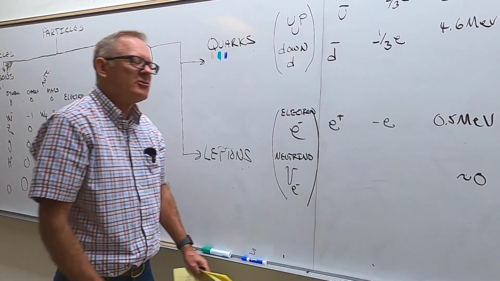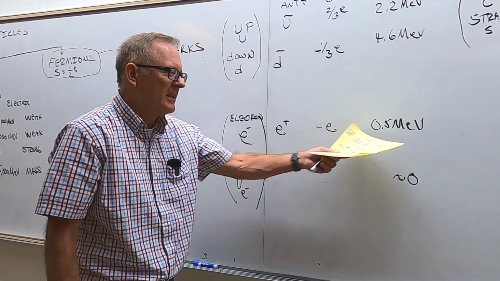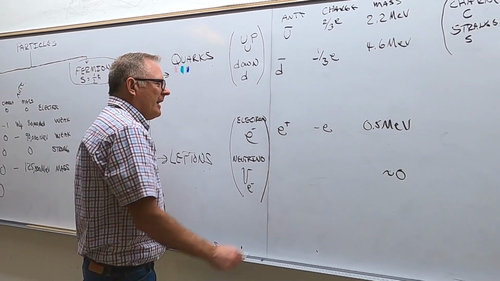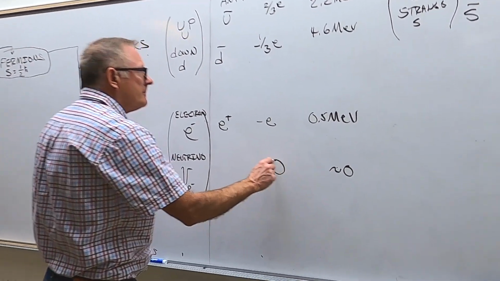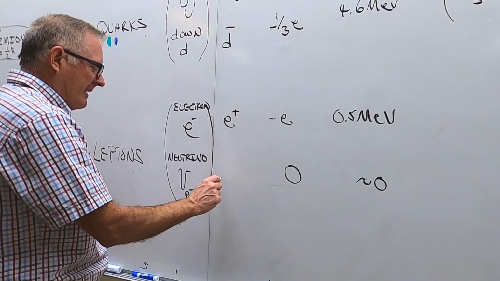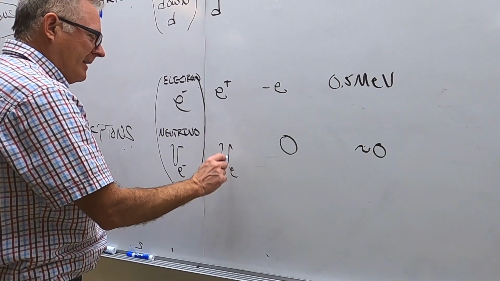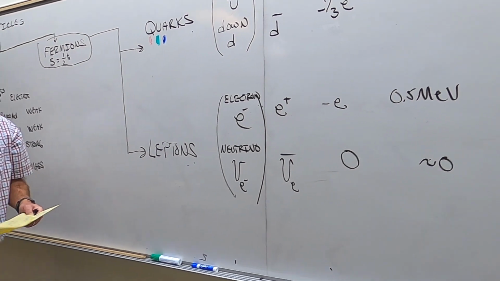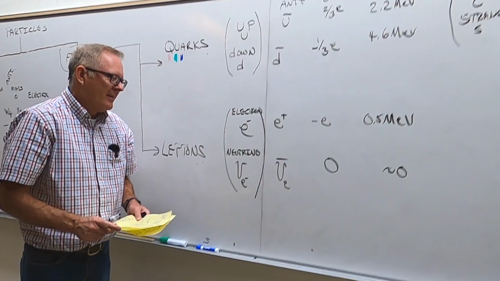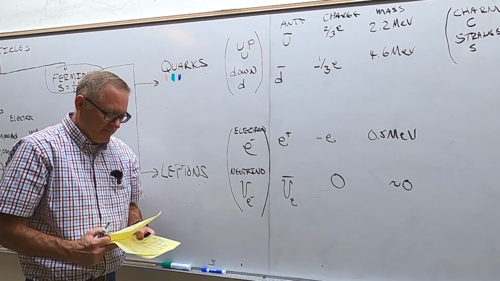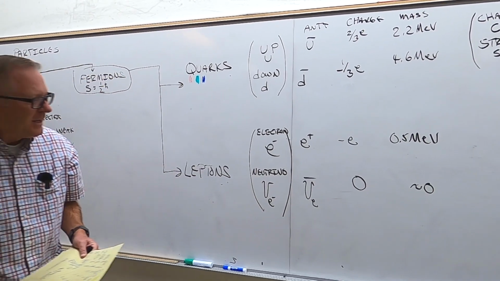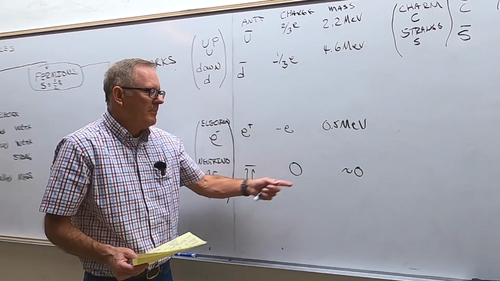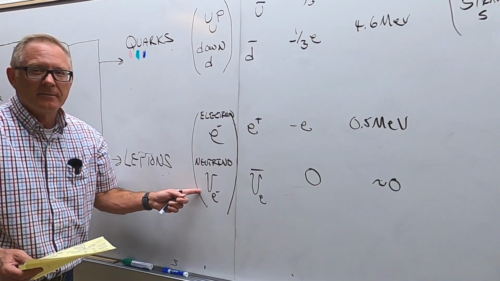It's not, but it's so close, it's millions of times smaller than this. It has no charge. It does have an anti-particle, you put a little bar over it. So that would be the anti-electron's anti-neutrino. And we can assume that since they have 0 mass, these guys go at the speed of light.